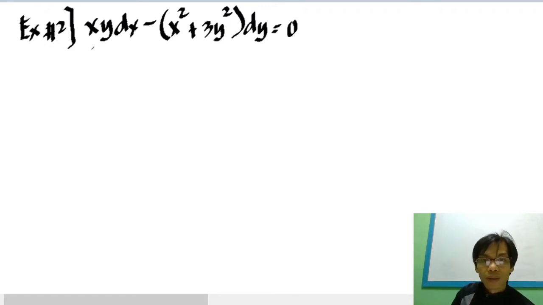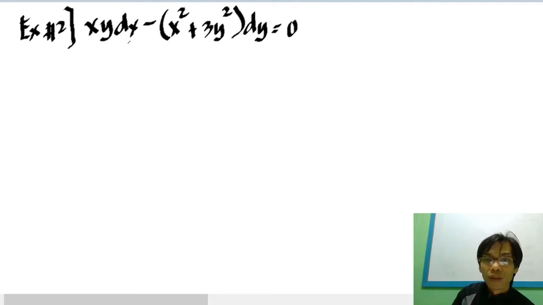In this particular problem, it's not. So let's take a look if it is homogeneous. In this particular problem, it has the same degree, so this is homogeneous. What is the degree? We have 2. And then, which is simpler, x or y?